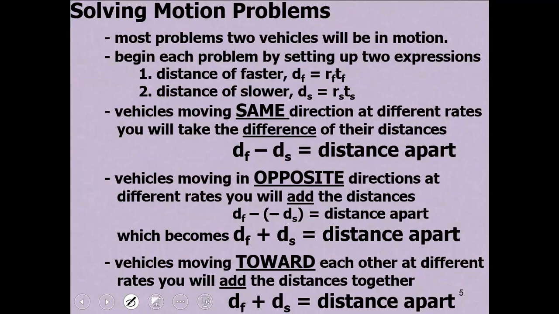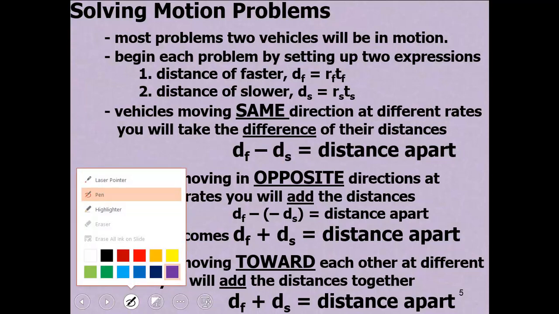All right? Now, this is the way I do it. The book uses this table thing that I don't like, confuses me, so I'm assuming it's going to confuse you. You want to find two expressions, the distance traveled by the faster car and the distance traveled by the slower car.